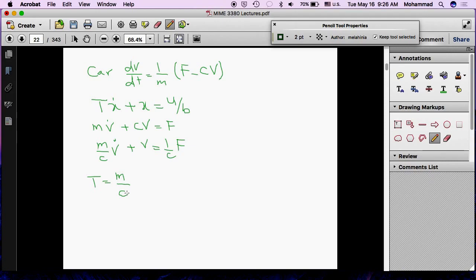This tells you if you want to speed up the system, you have to decrease the time constant, which is equivalent to decreasing the mass but increasing the drag. Does that make sense? Do you see that? C and M are, one is in the numerator, the other one is in the denominator.